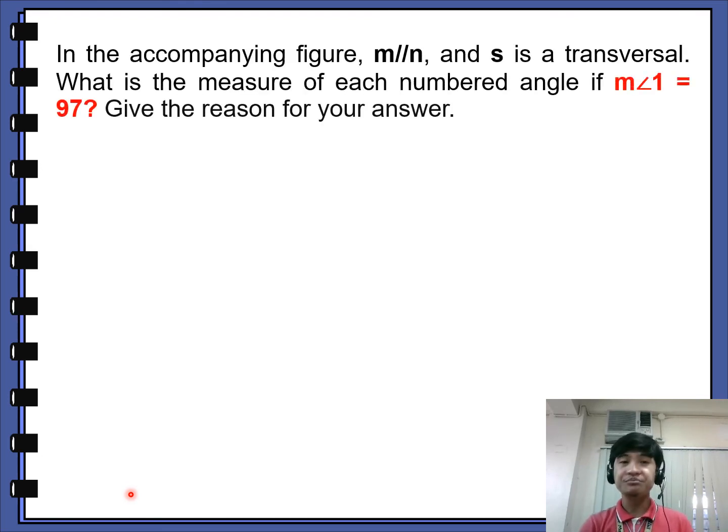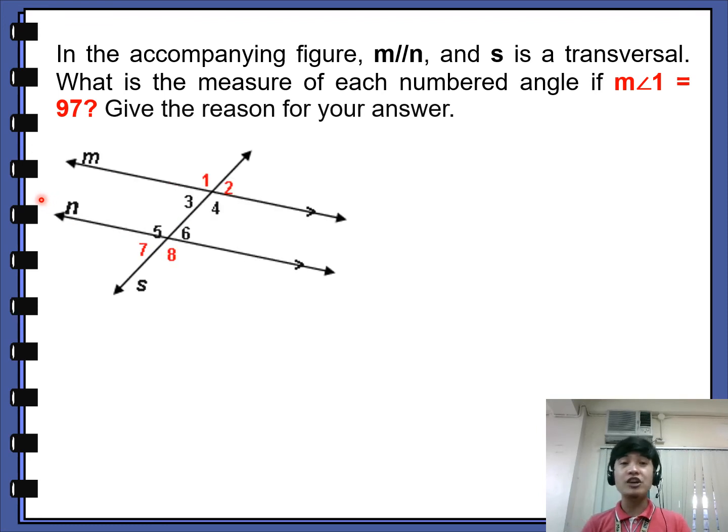Specifically, their properties. So, ito po yung problem. In the accompanying figure, line M is parallel to line N, and S is a transversal. What is the measure of each numbered angle if the measurement of angle 1 is equal to 97? Give the reason for your answer. So, ito po yung figure na pinag-uusapan natin dyan. Okay?